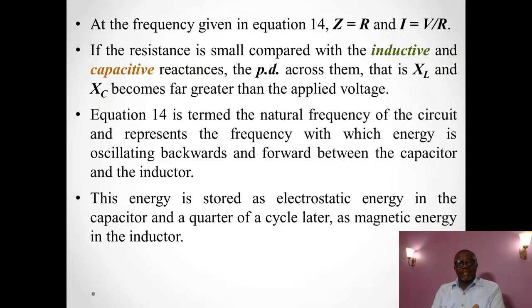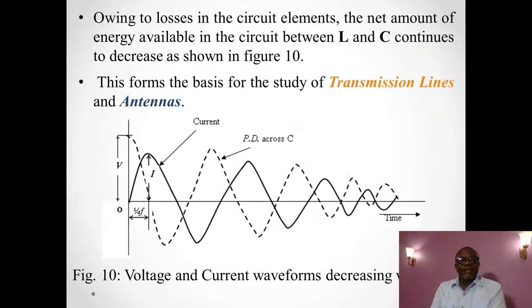So this energy is stored as electrostatic energy in the capacitor and a quarter of a cycle later as magnetic energy in the inductor. Now, owing to losses, because when this is oscillating to and fro, there will be losses because it's not operating in a vacuum.